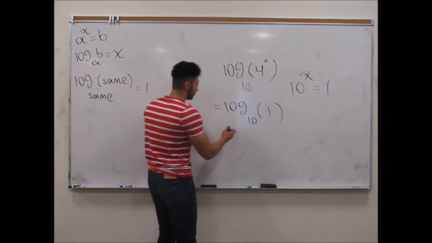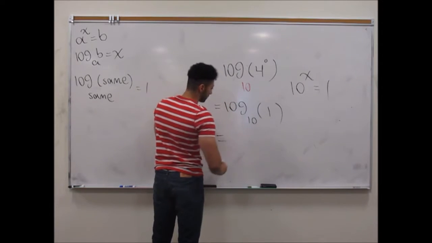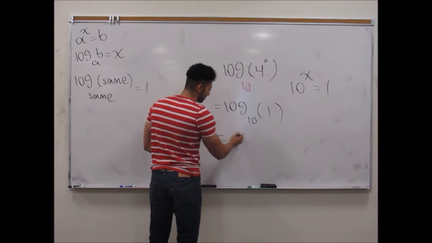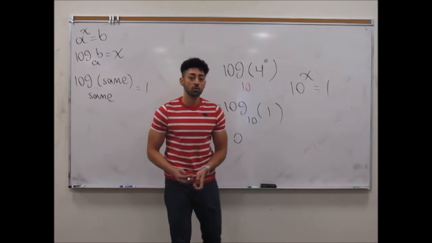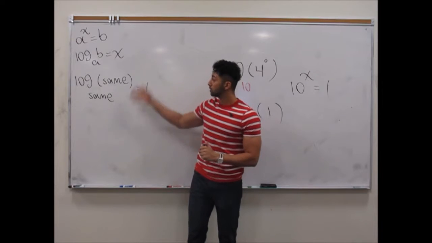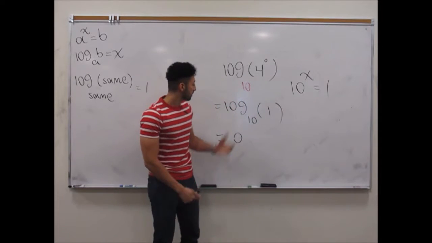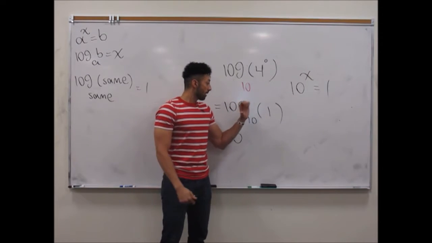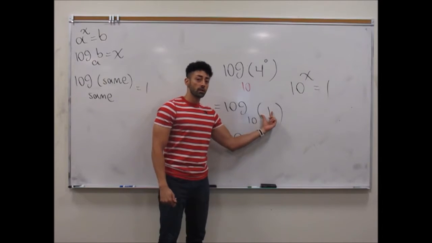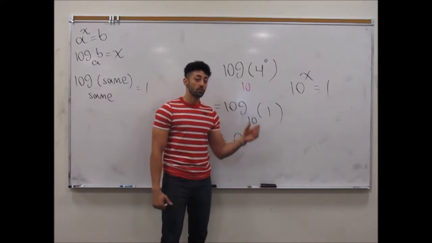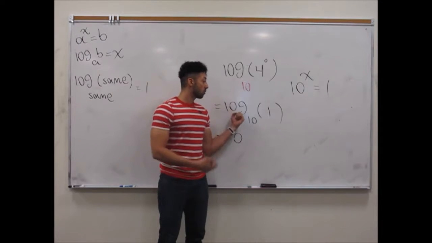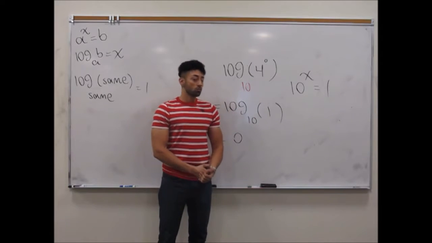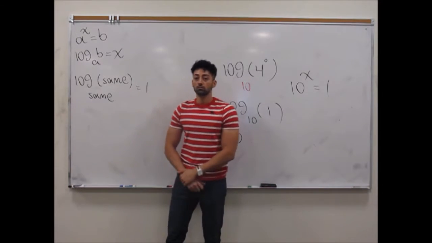So the answer turns out to be 0. So this is another special case. I'm going to go ahead and add it onto the side of the board: whenever you have log and your argument is 1, your answer is just always going to be 0. It does not matter what your base is. As long as your argument is 1, you will always get an answer of 0.